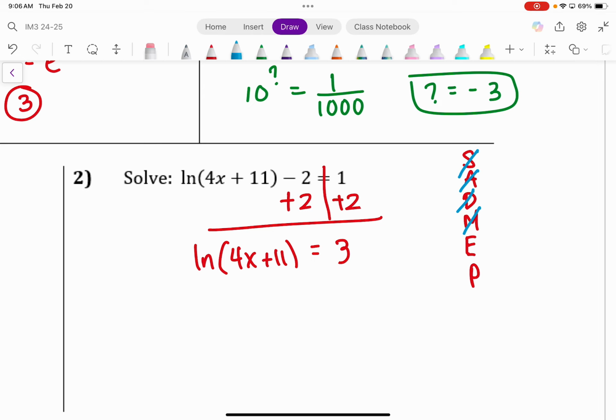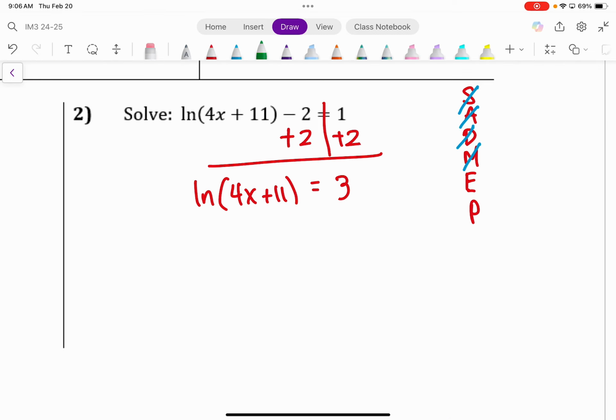Not base 10, that would be a common log. Natural log is base e. So when I rewrite this in exponential form, I'm going to get the following: e to the power of 3 equals 4x plus 11. Right? So this is log form, and it goes into exponential form.